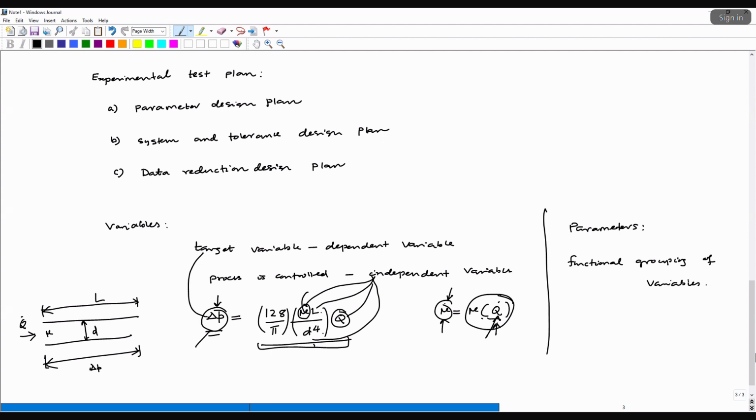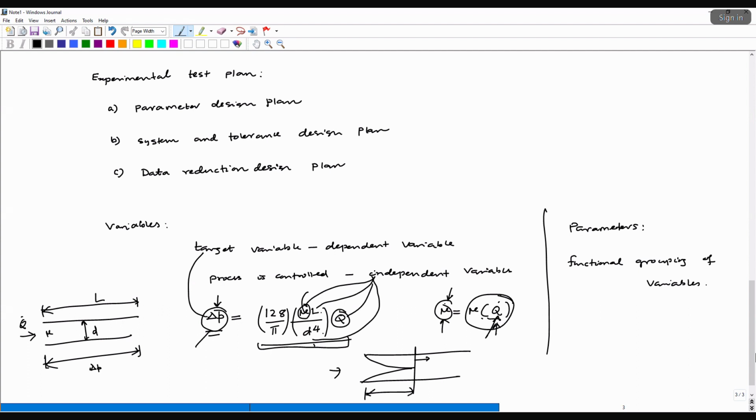For example, in fluid mechanics, there is something called entrance length. When you flow through a tube, the boundary layers grow and merge, and beyond a certain point you have fully developed flow.